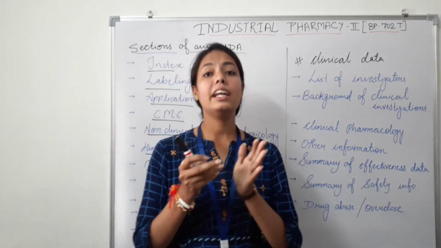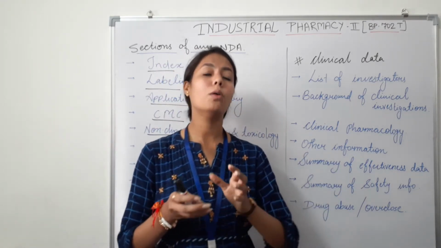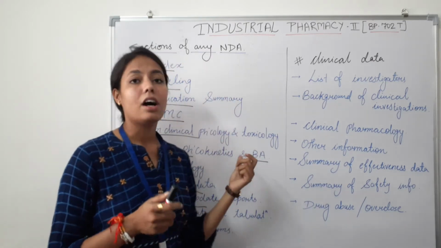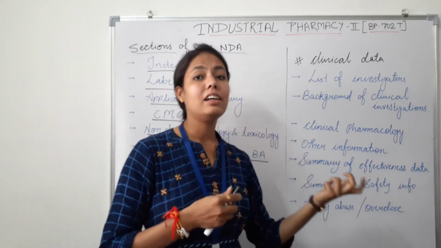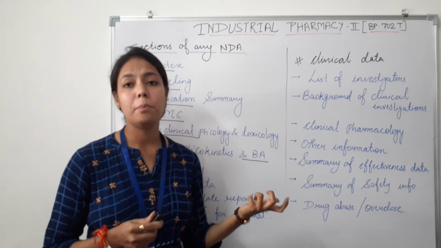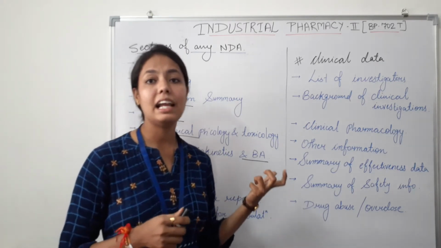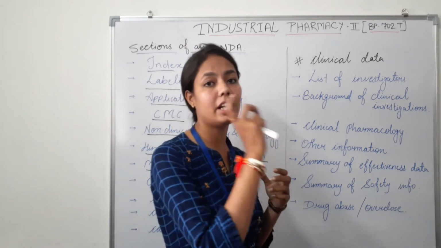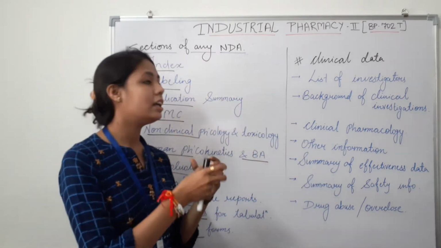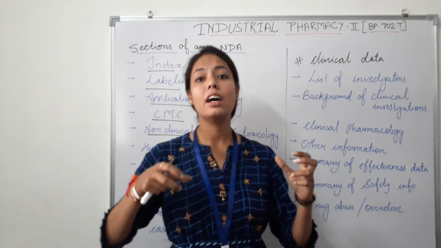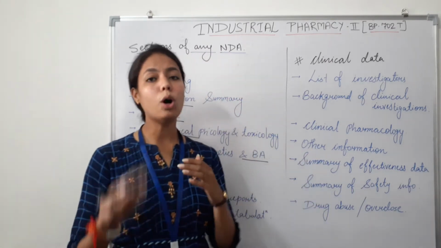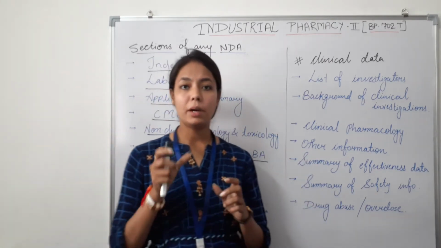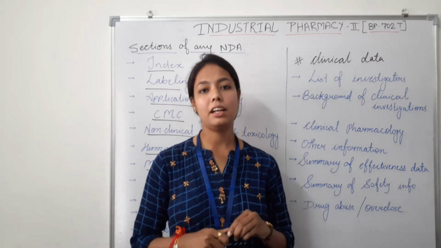That means, in any region across the globe where a company previously filed an NDA for this drug, what the acceptance criteria were for that country, or what the various rejection causes were. All this is included in the section named other information.